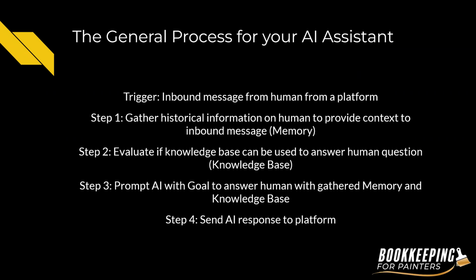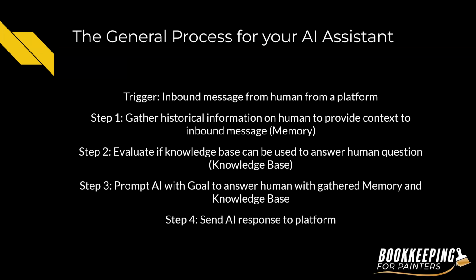So a lead asks a question on a Facebook business page, a lead asks a question on the Instagram business page, an employee asks a question on a Slack channel, whatever it is. That's the trigger for the process. Then step 1 for this automation is to gather historical information on the human to provide context to the inbound message.